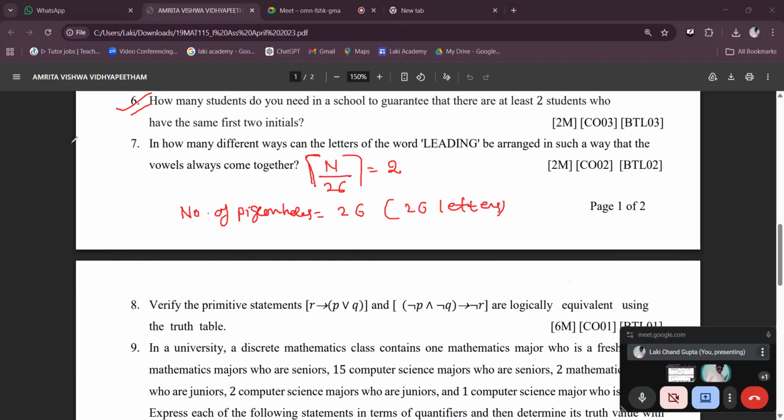In principle of inclusion exclusion, always use the floor function. For example, 100 divided by 3 will be 33, because you are using the floor function. In pigeonhole, always use the ceiling function.